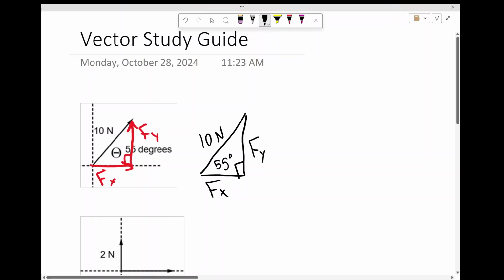So we'll start with Fx. The x component is going to be the adjacent side of this triangle. So from our SOHCAHTOA, the cosine is going to be adjacent over hypotenuse. Now we know the hypotenuse, we want the adjacent. So cosine of theta is going to be the adjacent over the hypotenuse.